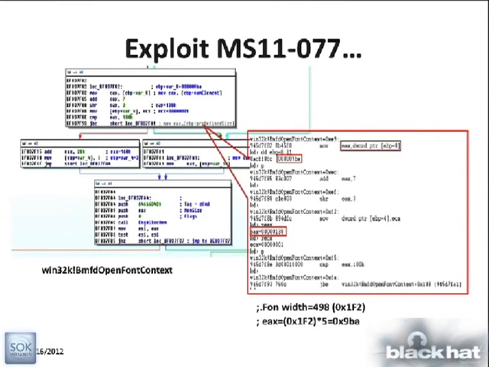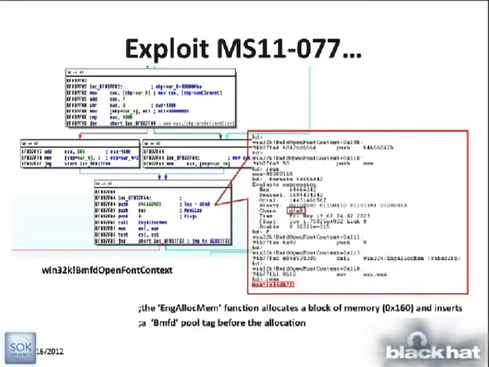And for the first test, we define the font width equal to 498, as shown in the slide. Within the BmfdOpenFontContext function, the width value is multiplied by 5, and the total size is used to create a block of memory with the ExAllocatePool API function.